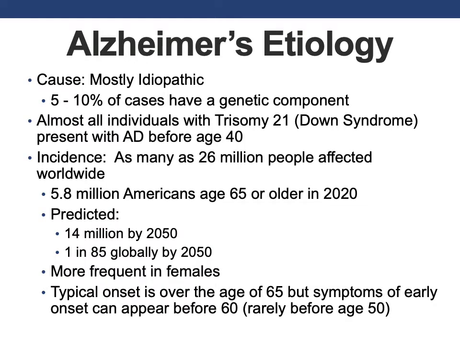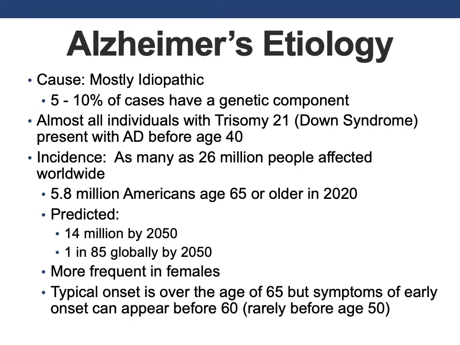Alzheimer's etiology. Most cases of Alzheimer's disease are idiopathic. However, research is showing that 5 to 10% of cases have a genetic component. Almost all individuals with trisomy 21, Down syndrome, will present with Alzheimer's before age 40. Alzheimer's is extremely prevalent. As many as 26 million people are affected worldwide.